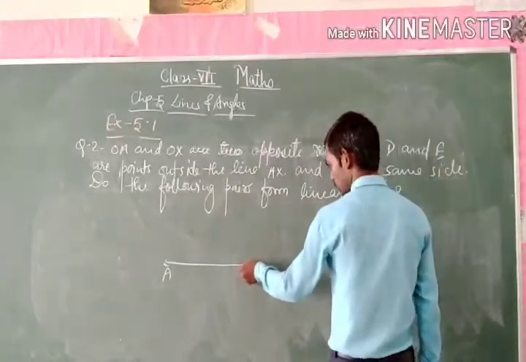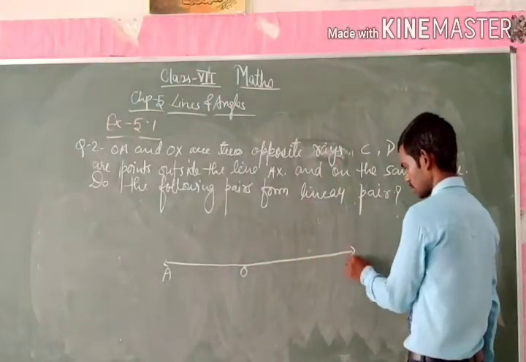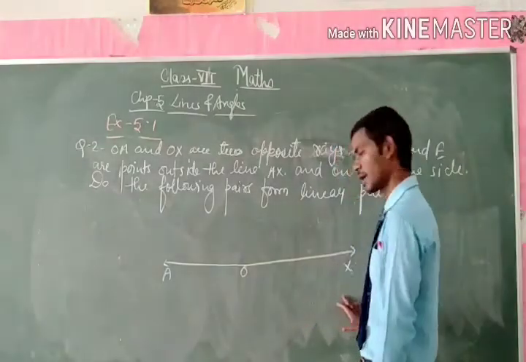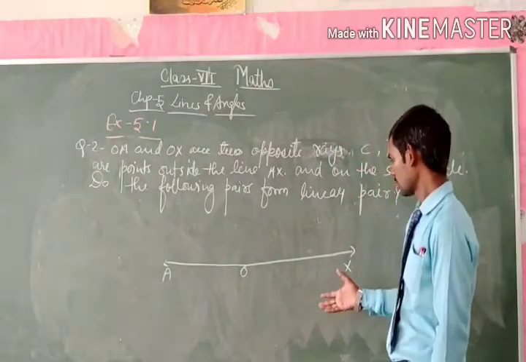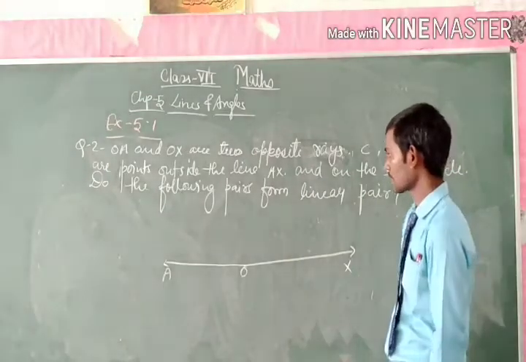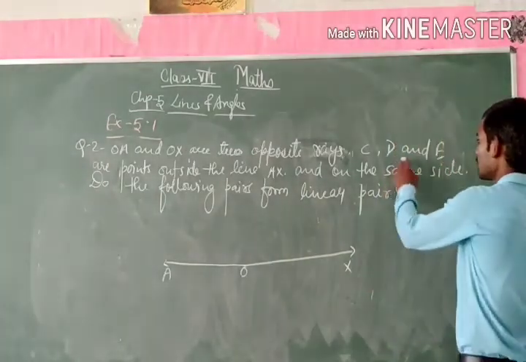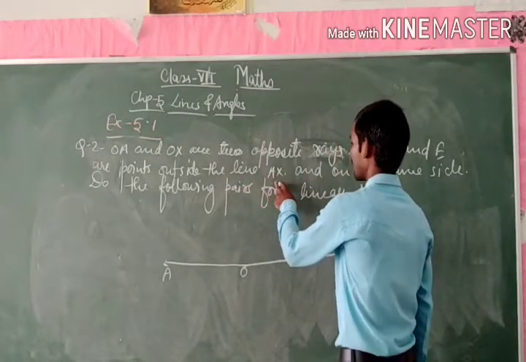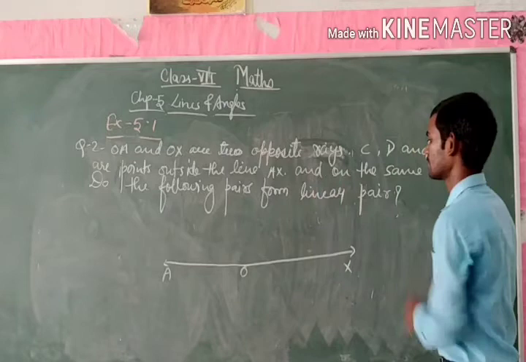So we draw like this. These rays make a complete line AX, and C, D and E are points outside the line AX and on the same side.